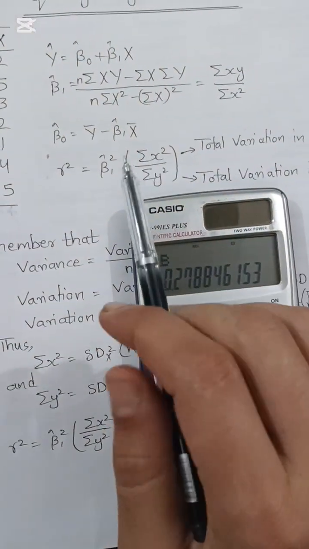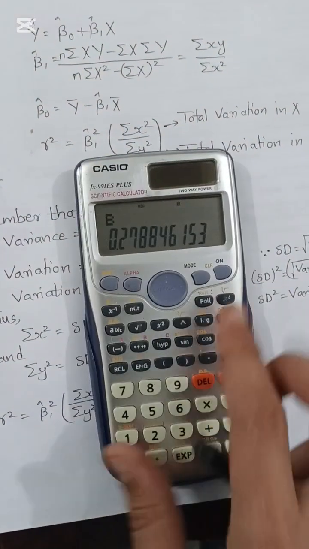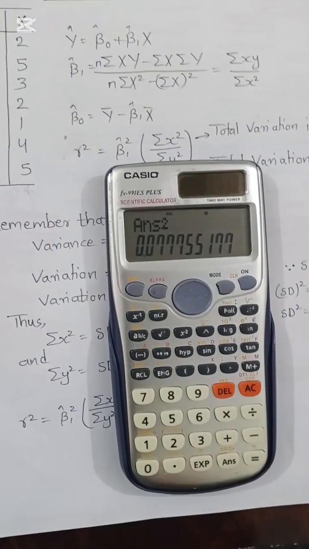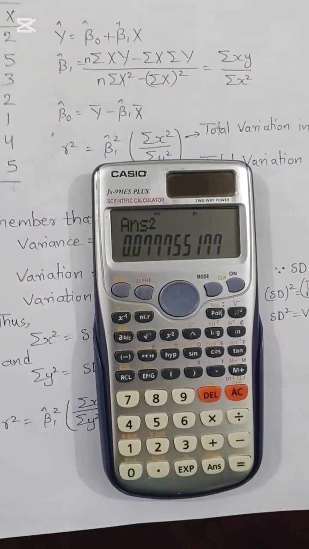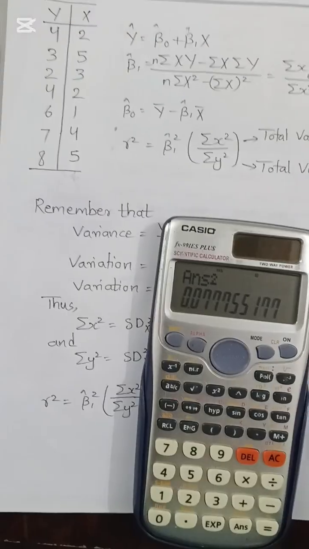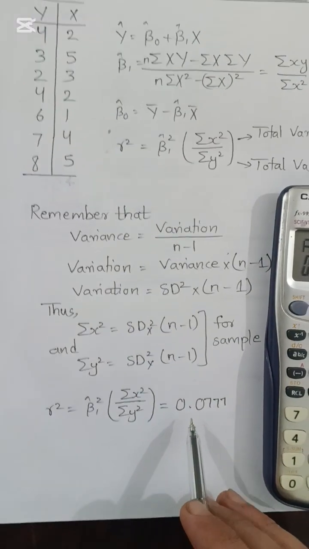Since we need its square, I square it. I press squared equals, so this is the square of beta 1 hat, which is 0.0777. So I have written this beta 1 hat square, which is 0.0777.